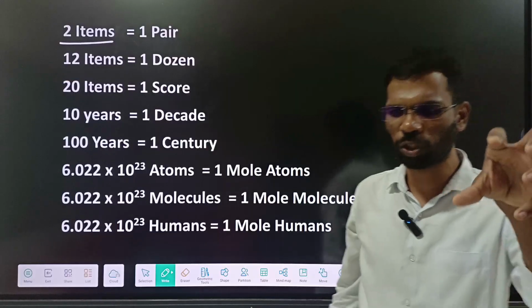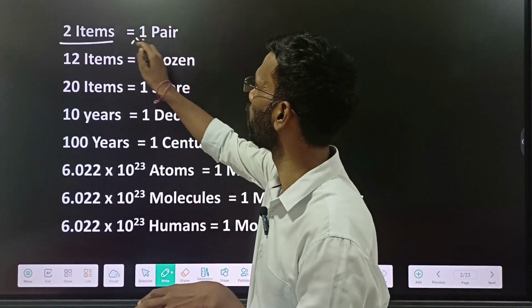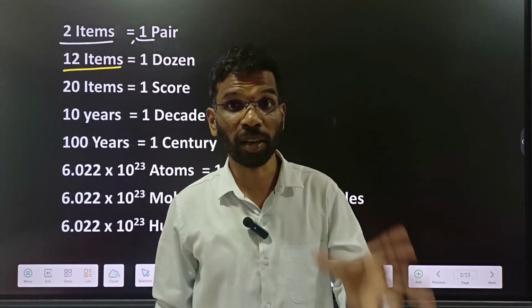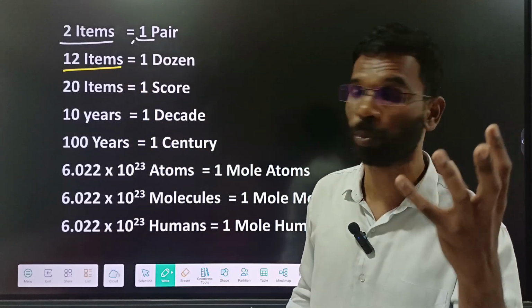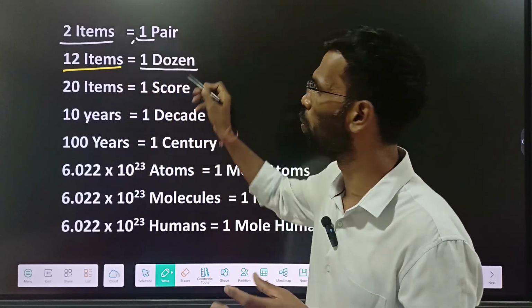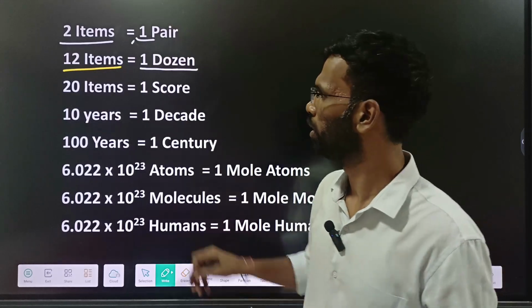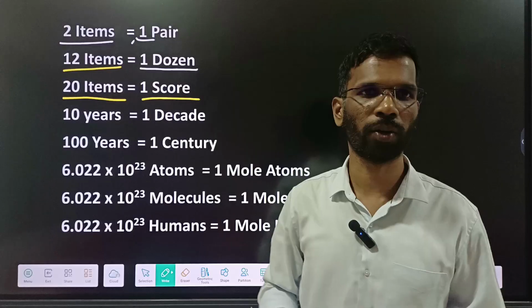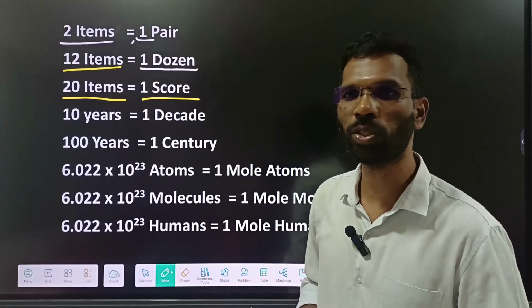The number 12 was bigger, and I reduced it to 1 dozen. 20 items, I am reducing to 1 score. 20 items is equal to 1 score.